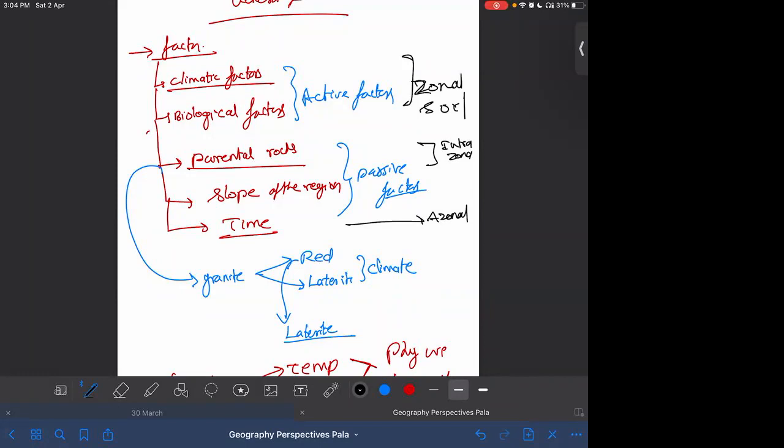Okay, now let's see. First factor, that is climate. Climate is the most potent factor in soil formation, starting from the process of weathering, from weathering to differentiation of soil horizons.